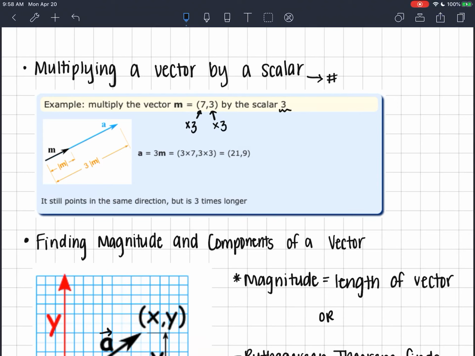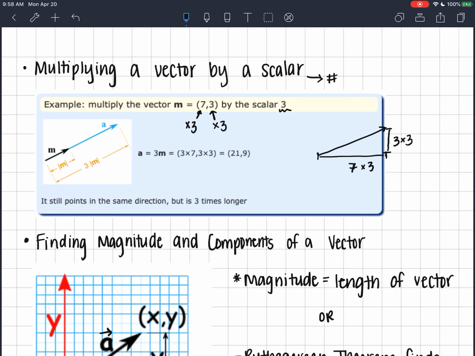So if my m vector was 7, 3, what that means is that the m vector used to be 7 across and 3 up. If I'm taking these two components and tripling them, multiplying them by 3, now I'm going to have a new x component. I don't even have room to really draw it to scale on here, but they've drawn it to scale over here.